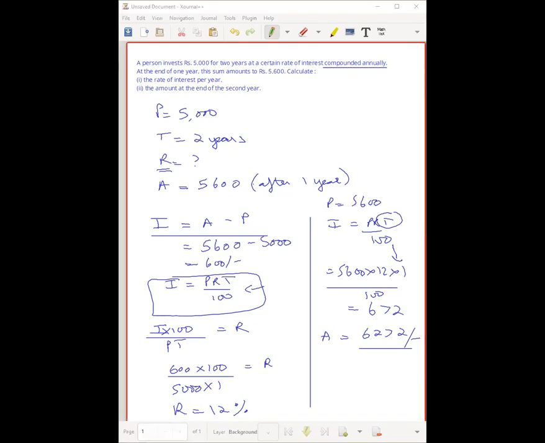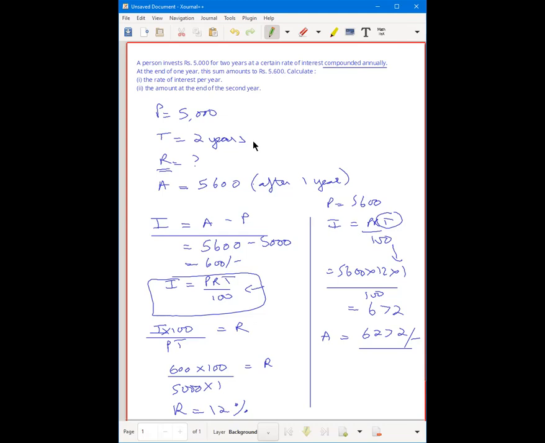Sir, I'm sorry, but I didn't get the first part. Did you understand this, that the principal has been given to you? Yes, sir. Time period is 2 years. Rate of interest is not known, so we need to find that out.